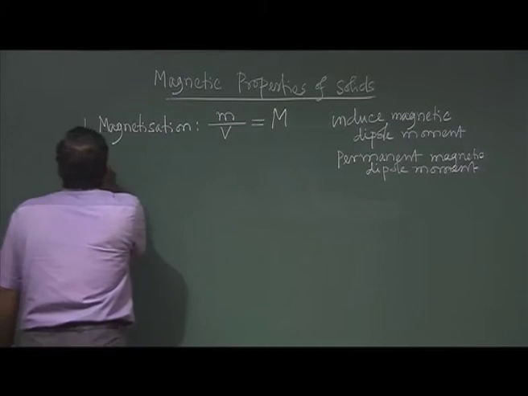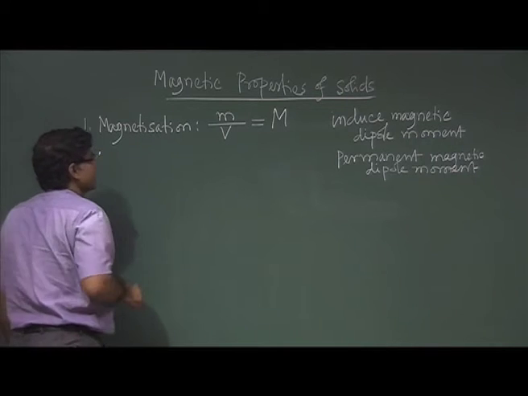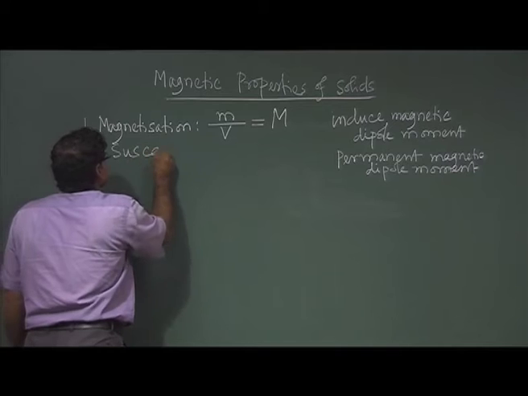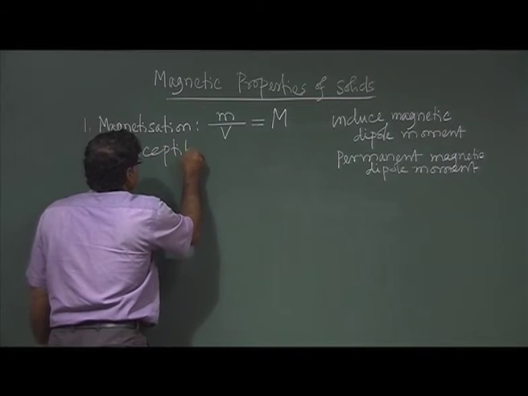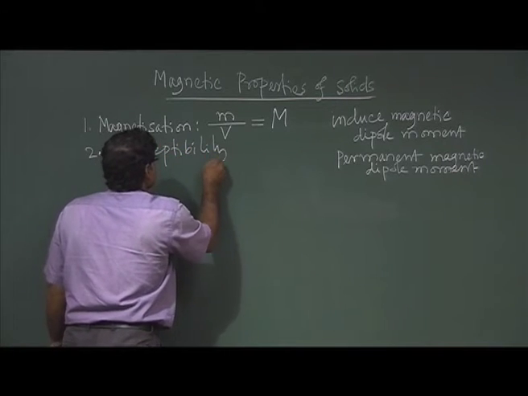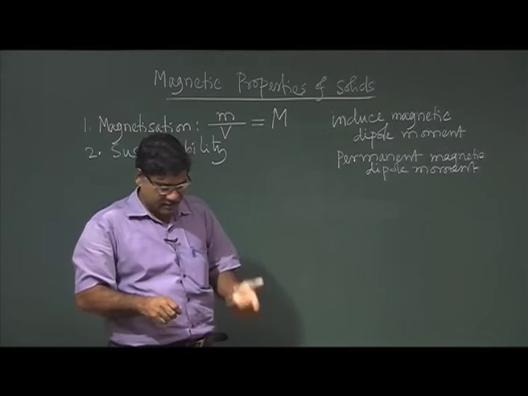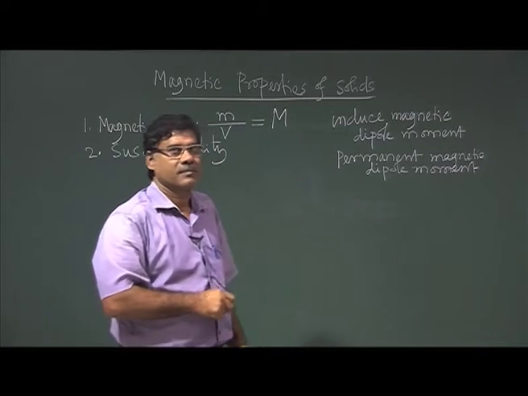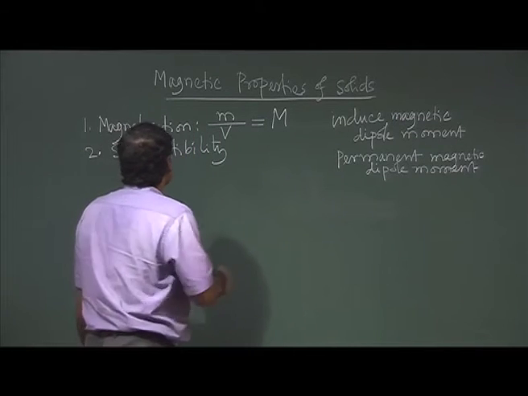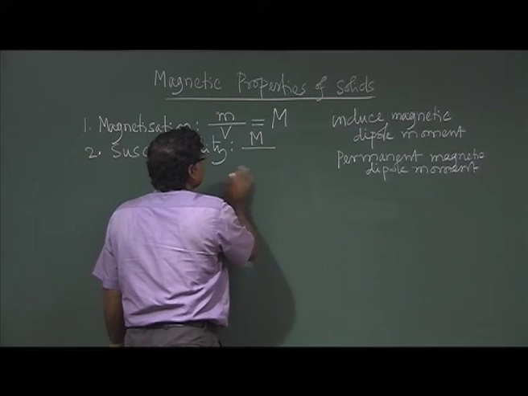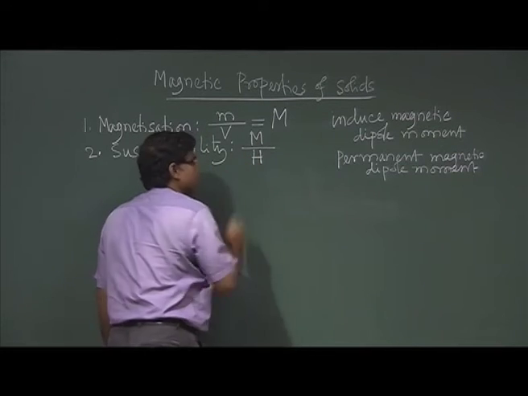Another parameter we use is susceptibility. As I told, this magnetization varies as a function of magnetic field. So, the susceptibility is basically defined as the magnetization per unit magnetic field.